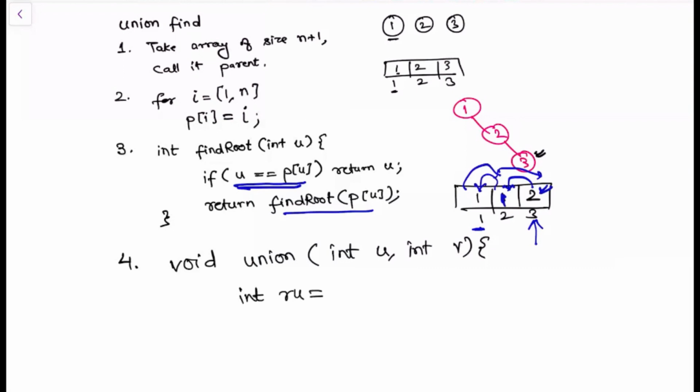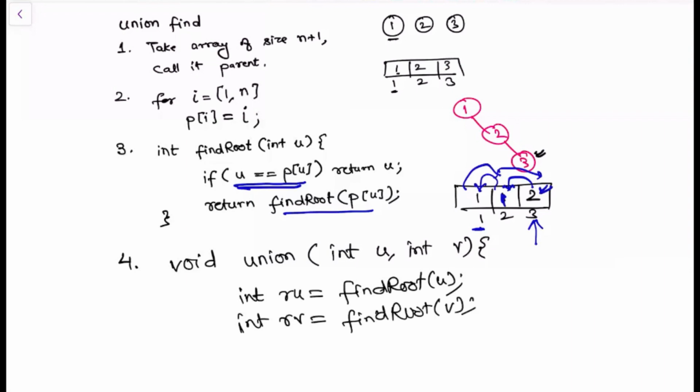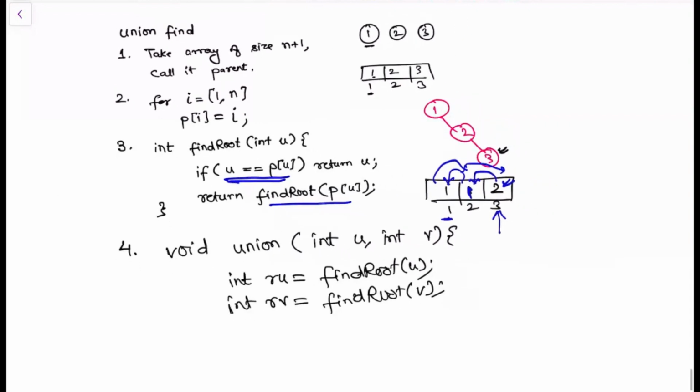Root of u using the find root function. You will find the root of v using the find root function. You found the roots of both. All we have to do now is to join them. How will we join? Parent of rv is equal to ru. Is that correct?